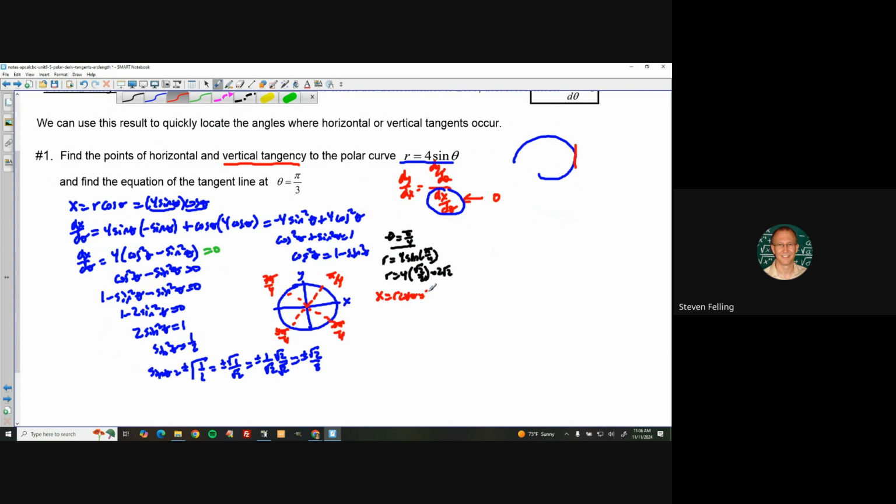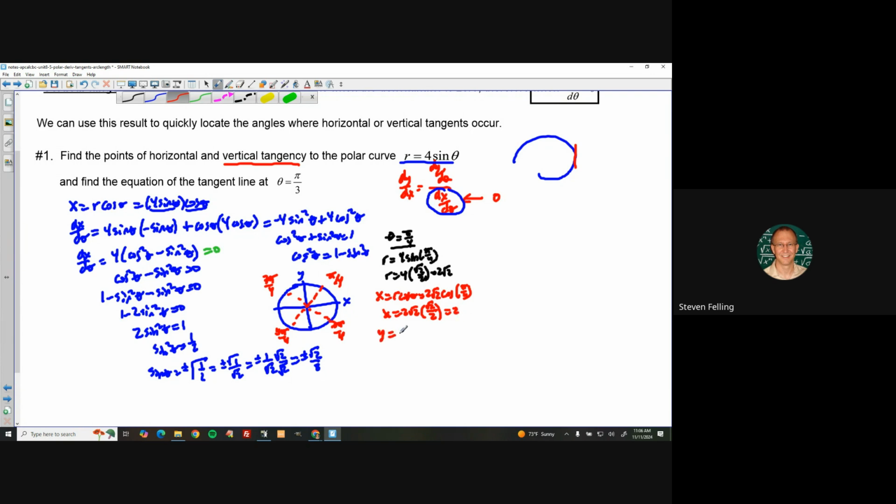And now that I know r is 2 square root of 2 times the cosine of pi over 4, that's going to be x is 2 square root of 2 times the square root of 2 over 2, right? So these two cancel, these two multiply together to just give me a 2, right? And that gives me the x.